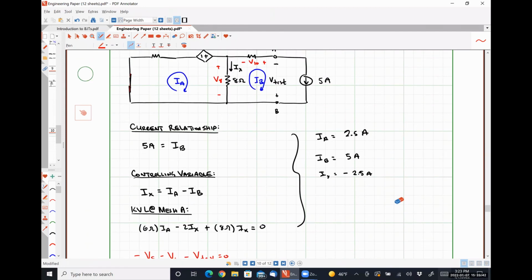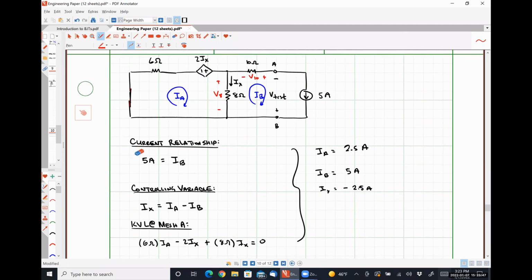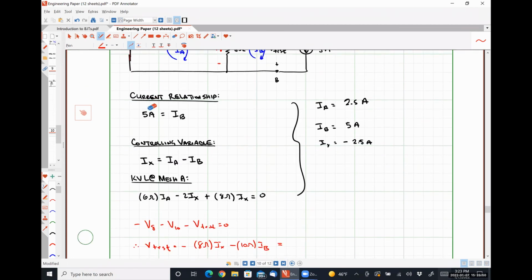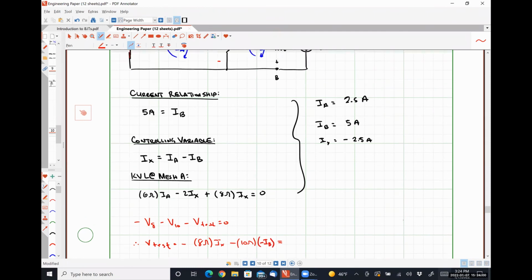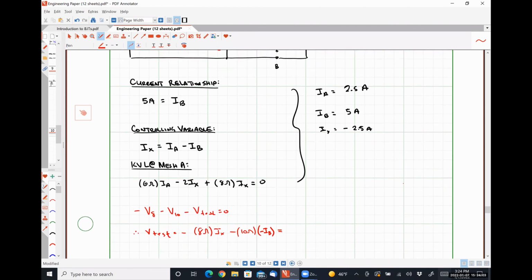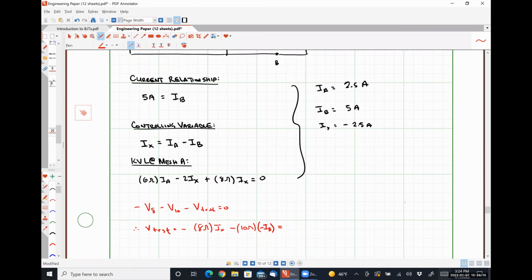So there we go. Yeah, no, you're right there. Okay. Yeah, I missed it. All right, so V8 is 8IX. V10 is 10 times the negative IB. Okay, I'm just trying to make sure I have the right number of negative signs and everything in place there.